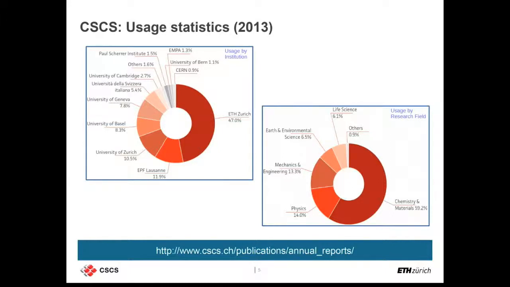For example, we have users from ETH Zurich, EPFL Lausanne, University of Zurich, Basel, Geneva, and of course Ticino. The main research fields are chemistry and material science, physics, mechanics, fluid dynamics, mathematics, earth, climate, and life science.